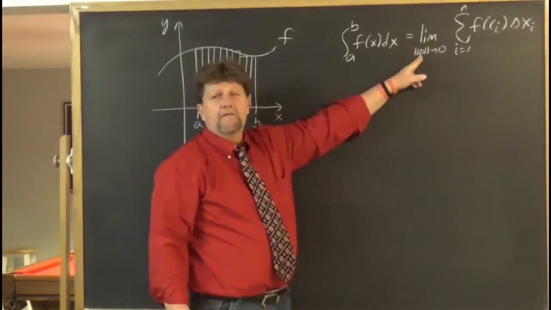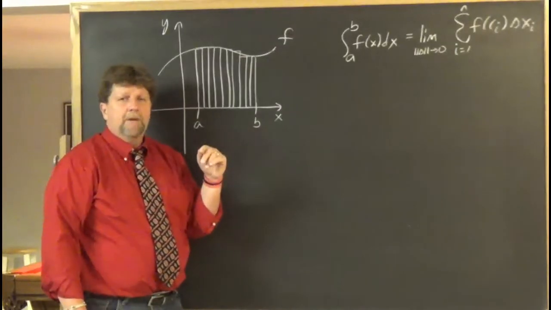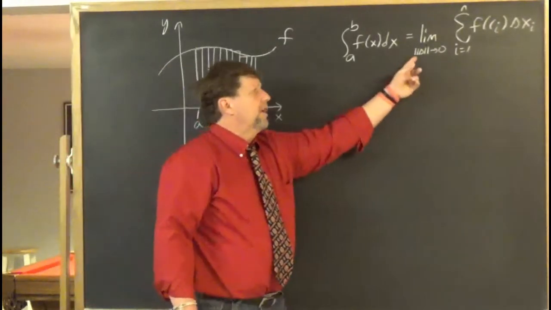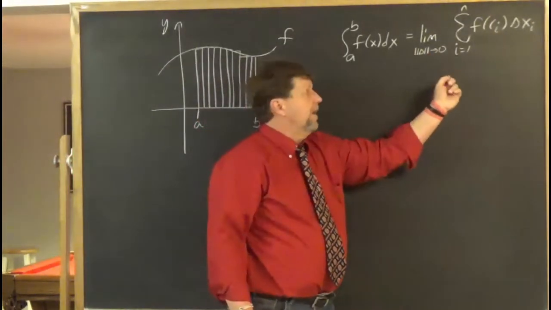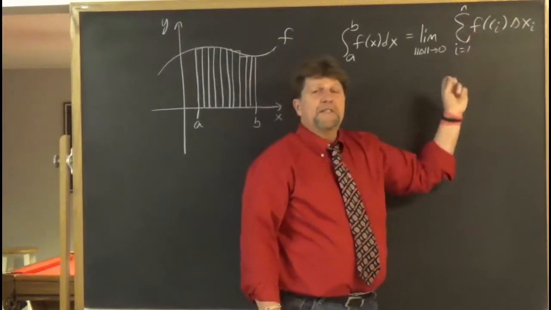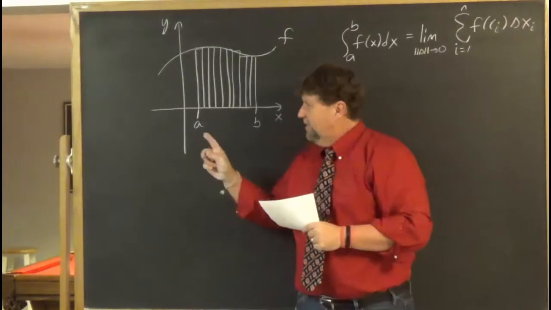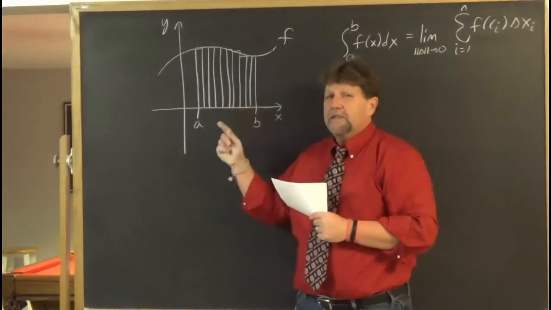Norm is the length of the longest subinterval on the interval a to b. So when the length of the largest subinterval goes to 0, the sum from i equals 1 to n of f of c sub i, okay, now c sub i is any value in the ith subinterval.